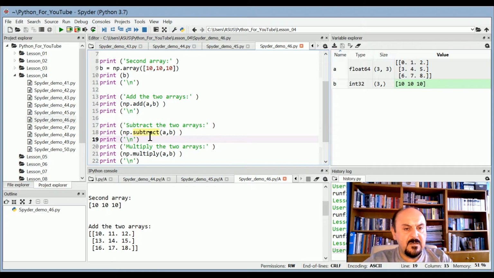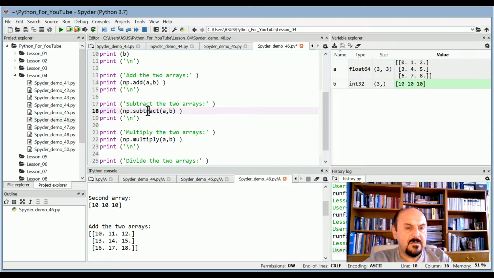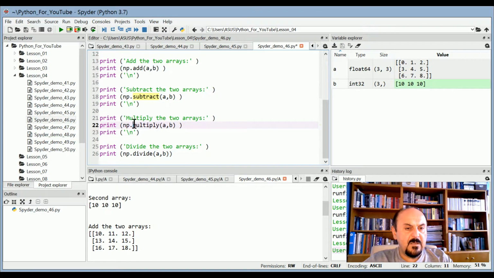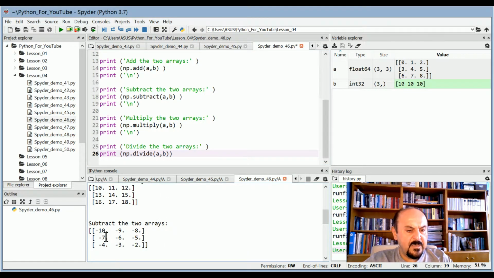Similar to this, I could subtract two arrays, multiply and divide by using subtract, multiply and divide. It's so easy. You just say its English name and the parameters of those arrays, A and B. Have a look here. Subtract two arrays.